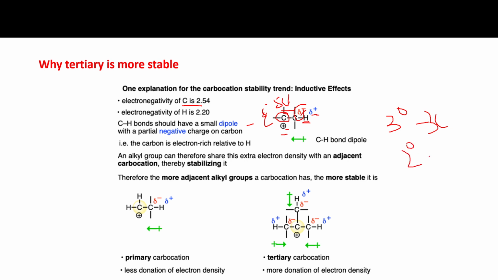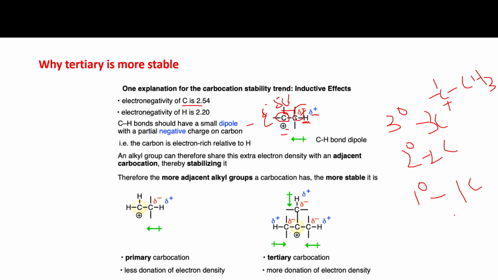When you have a 2 degree carbocation, you have two carbon atoms, and when you have a 1 degree carbocation, like one carbon atom.